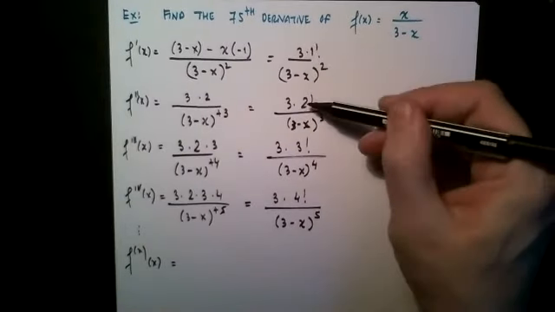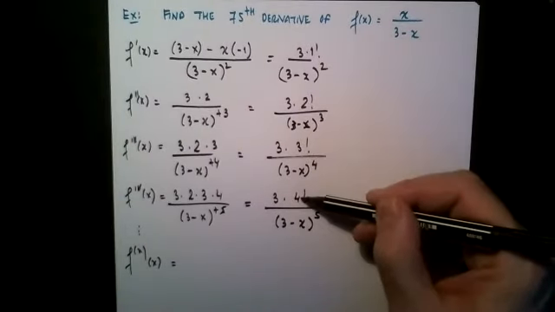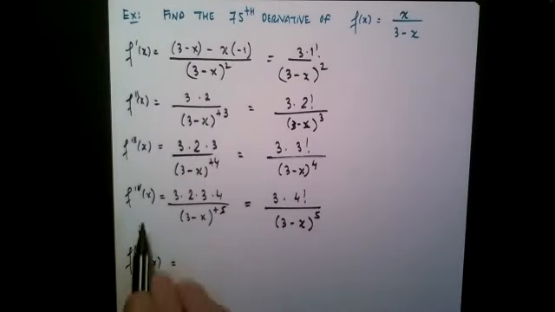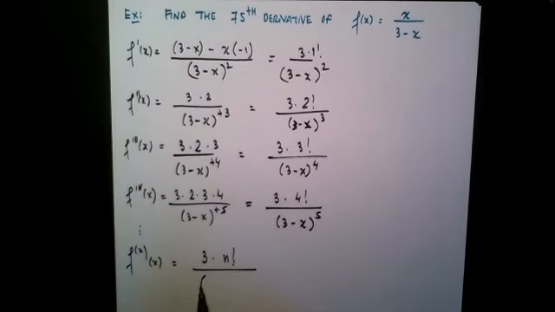So 1 factorial, 2 factorial, 3 factorial, 4 factorial. If you go to n, what will you get? 3 times n factorial. Perfect. Over (3 minus x) to the power n plus what? n plus 1. Very good.